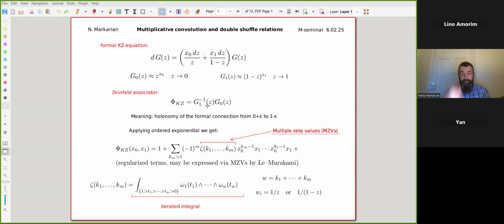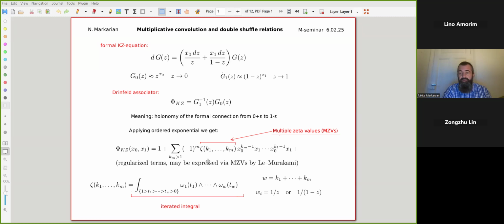But we can write down a formula, this formula. So we can define the coefficients. They are called multiple zeta values. They are coefficients of this associator, and it's a formal expression, an element of the completed free algebra generated by x0, x1, which are not commuting.